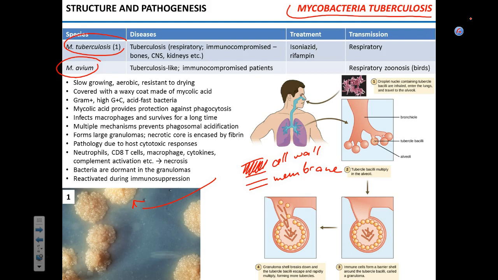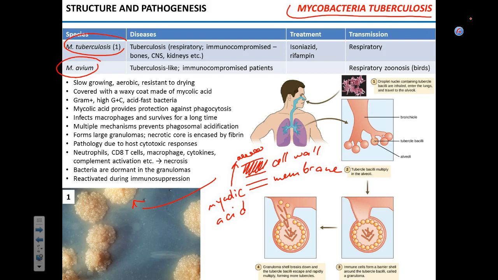But it turns out that outside of the cell wall, Mycobacterium tuberculosis has a layer of mycolic acid, which makes it somewhat separate from the rest of gram-positive microorganisms.